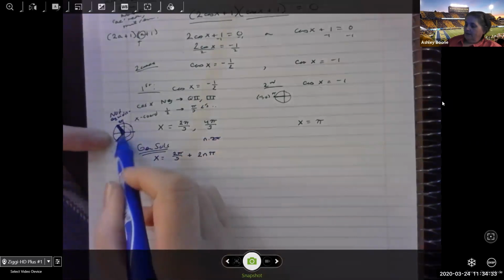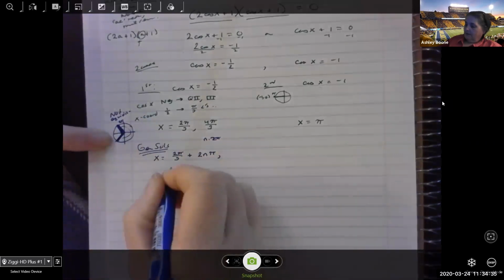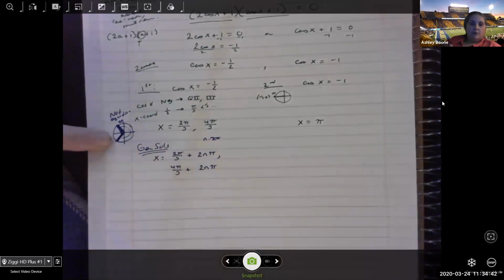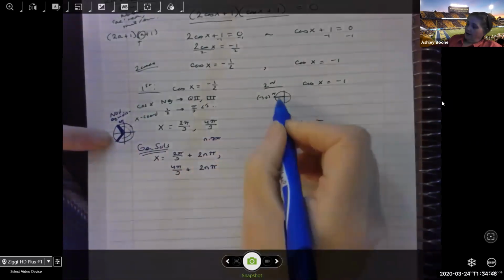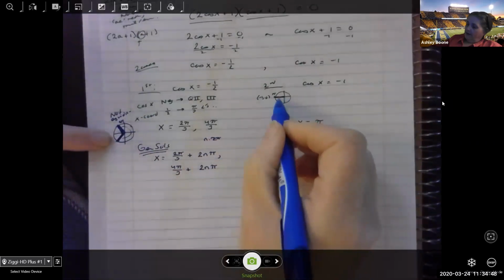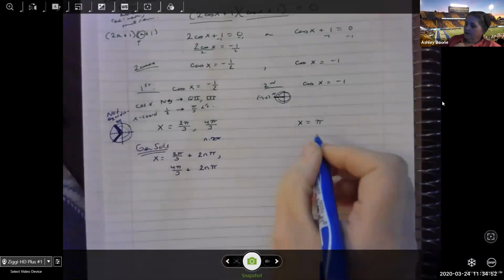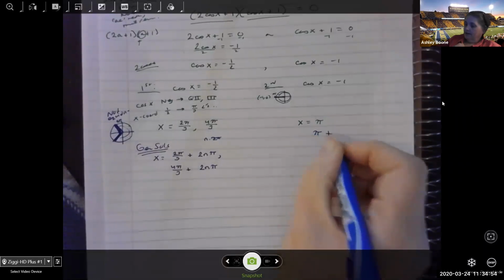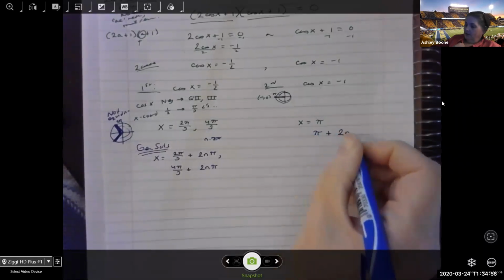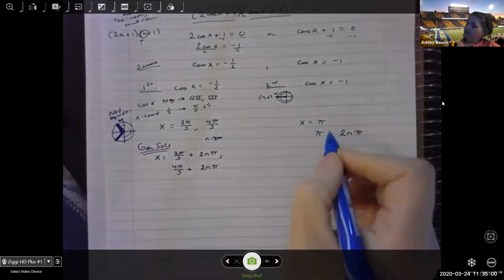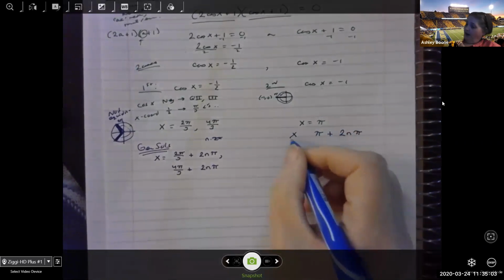For this one, same thing. 4 pi over 3, and we can go up any number of full revolutions. So that's a multiple of 2 pi. Over here, we just have the one, and it can be any multiple of this. We can write this a couple of ways. So it can be pi plus any multiple of 2n. But notice, so you can write it this way. That would be fine.